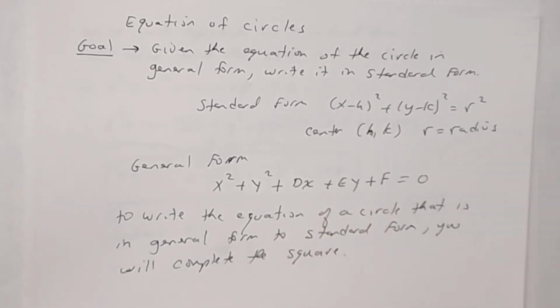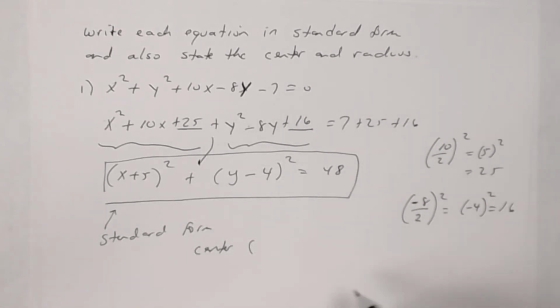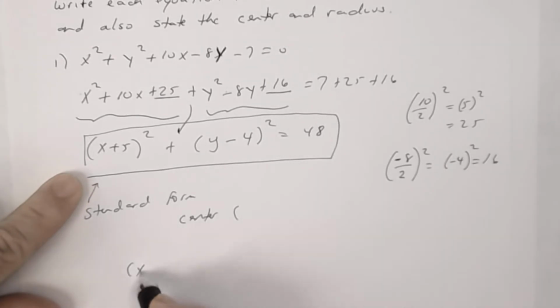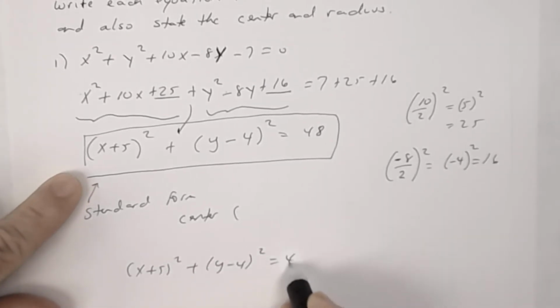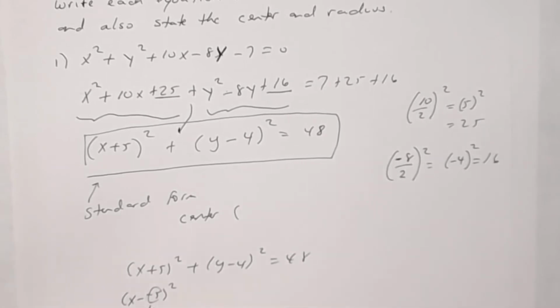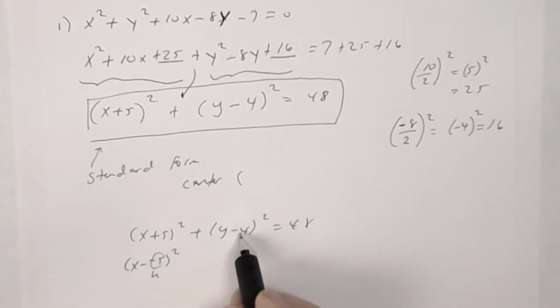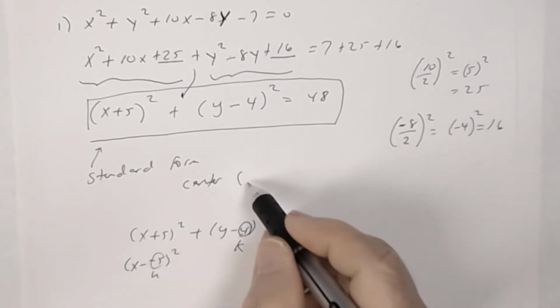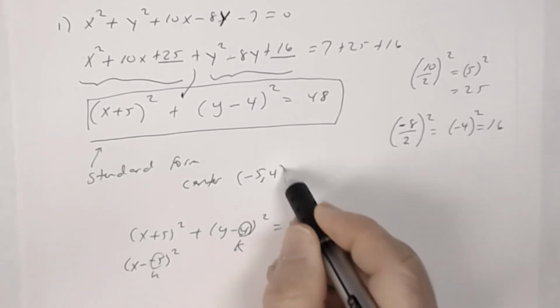So in your mind, if you write this over, x plus 5 squared plus y minus 4 squared equals 48, you do agree that x plus 5 is the same thing as x minus a negative 5 squared, right? So this is h right here. So h is negative 5, and this is already y minus k, and so k is 4. So your center is negative 5, 4.